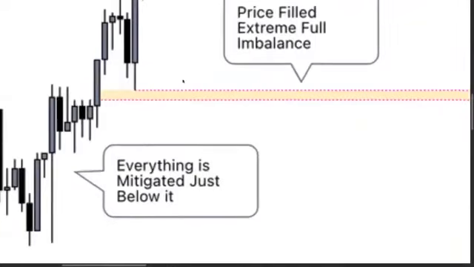Look at this one. Yes, when we use this imbalance right here, but price has not mitigated this candlestick, right?